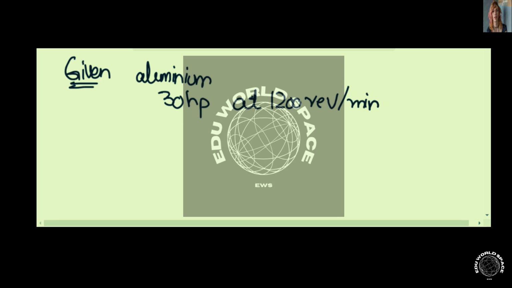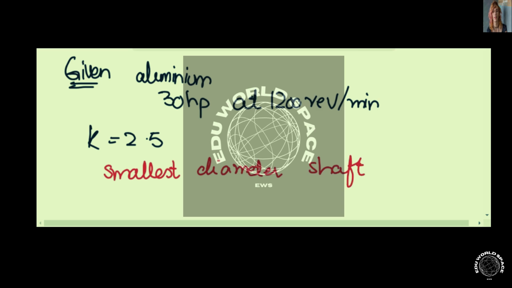Now, using a factor of safety equal to 2.5 with respect to yielding, we need to determine the smallest diameter shaft that can be selected based on the maximum shear stress theory. The yield stress is given to us as 10 ksi.